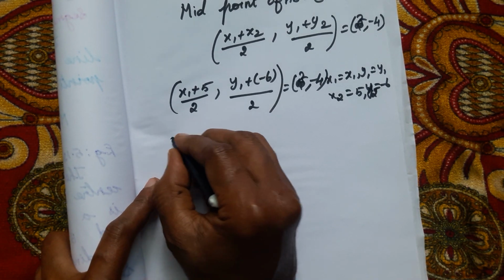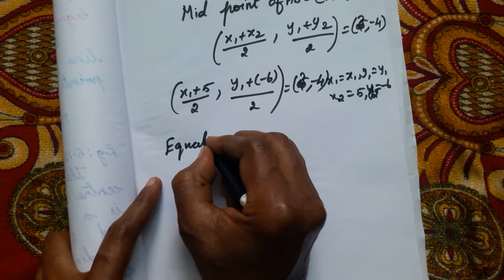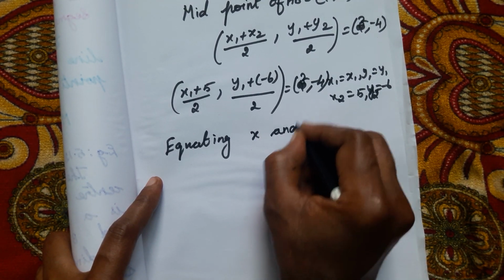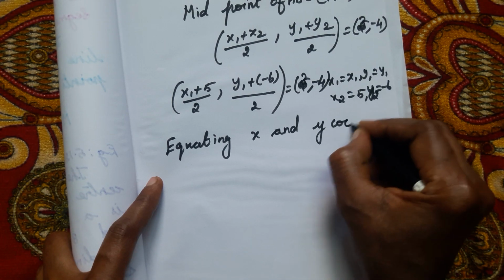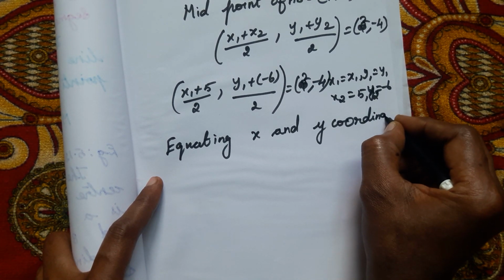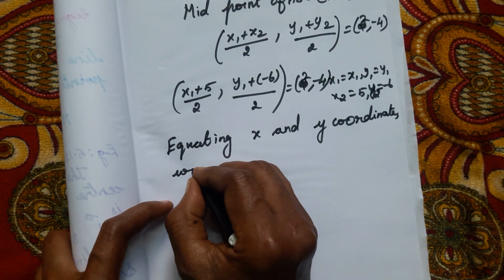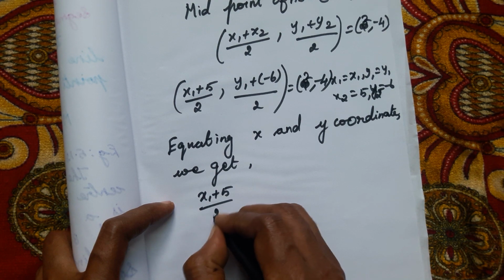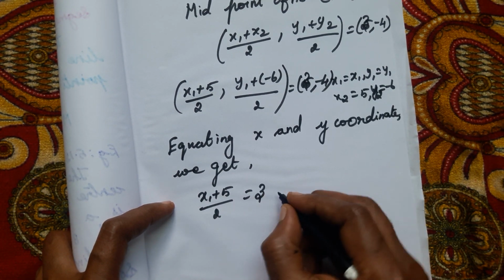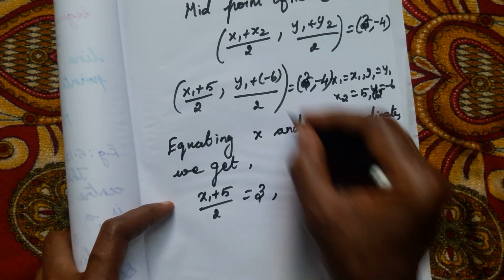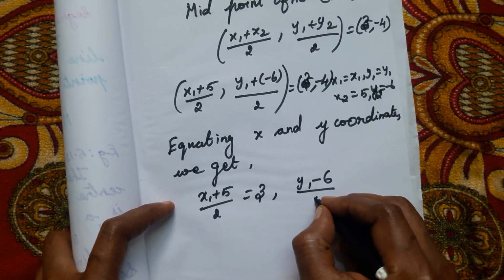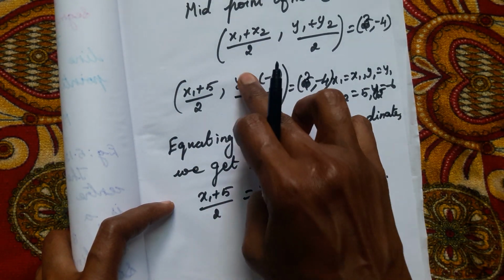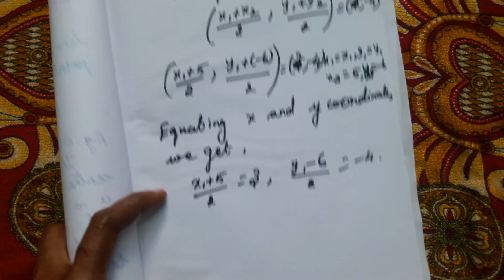Next, equating the x and y coordinates, we get x1 plus 5 by 2 is equal to 3, and y1 minus 6 by 2 is equal to minus 4.